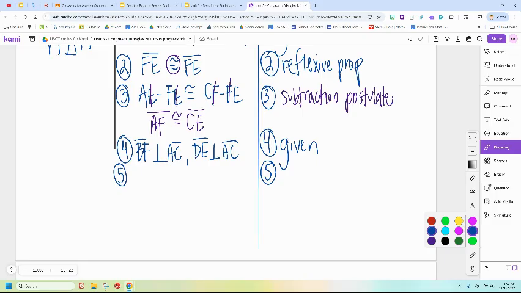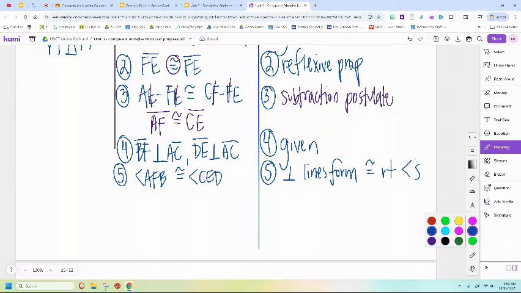And I'm going to say perpendicular lines form congruent right angles. And my right angles are angle AFB is congruent to CED, angle CED.